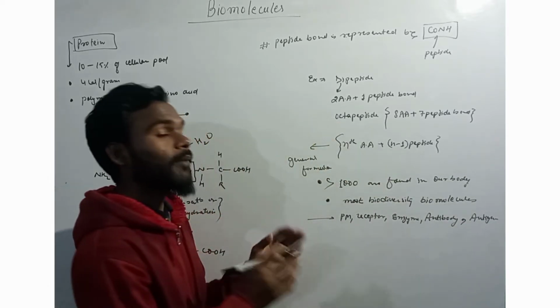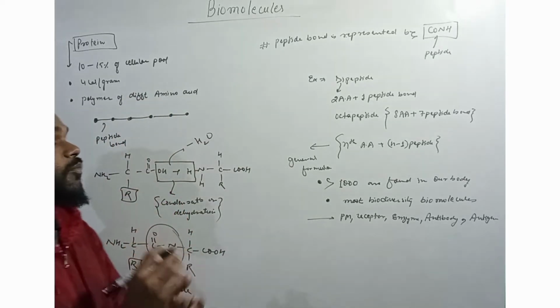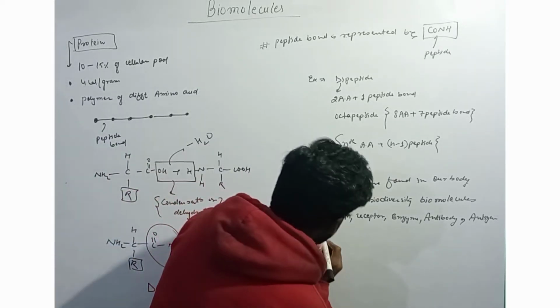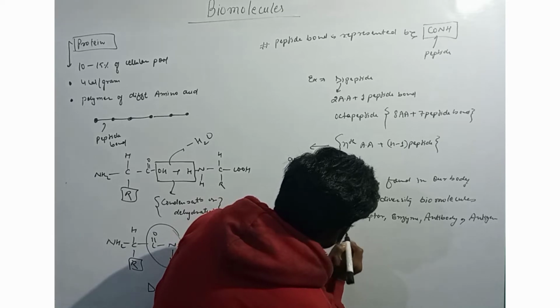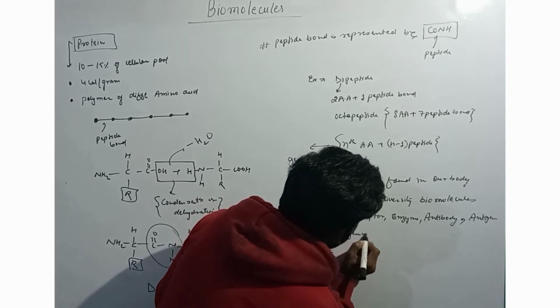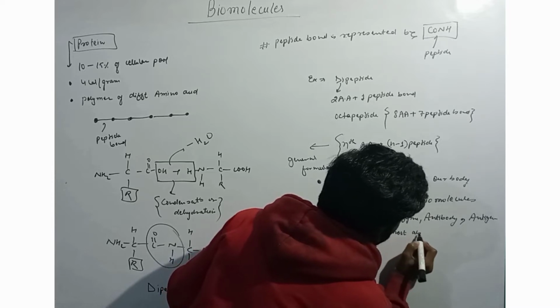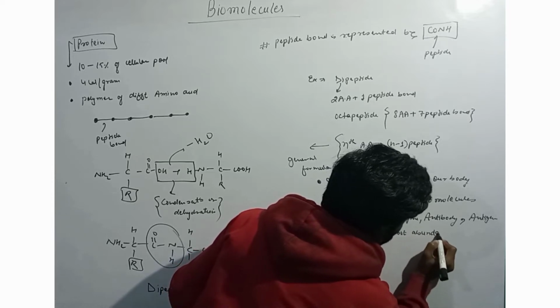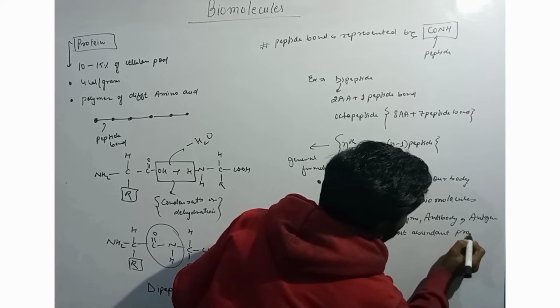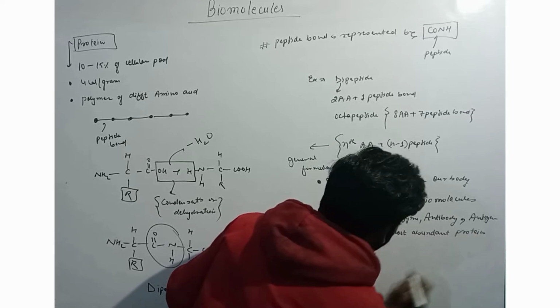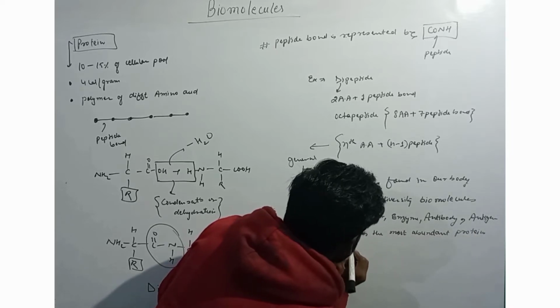But when you're talking about collagen, collagen is the most abundant protein found in the animal world.